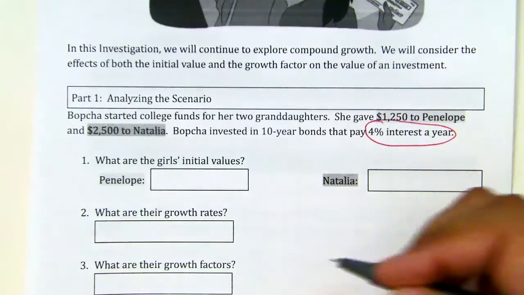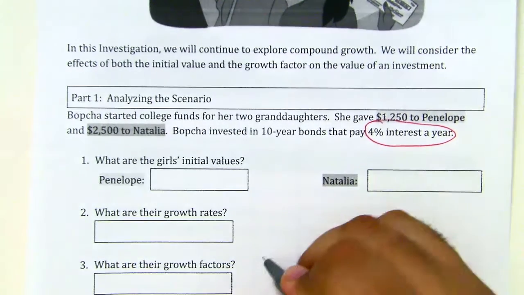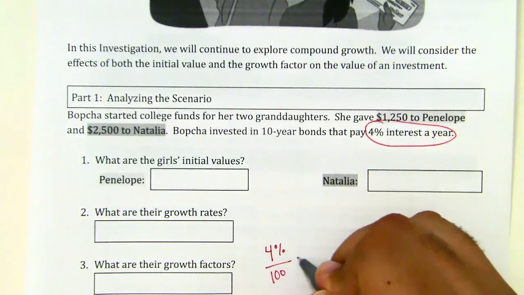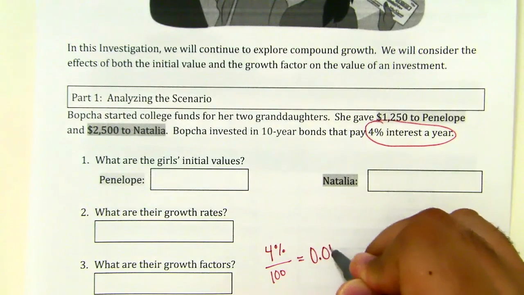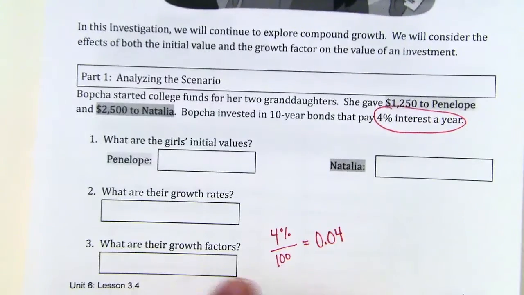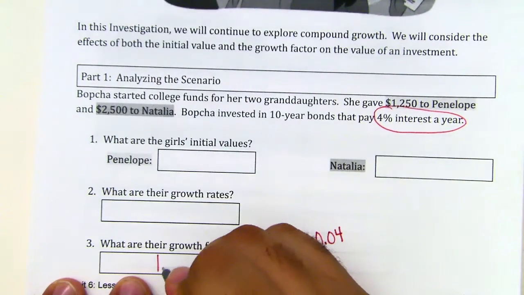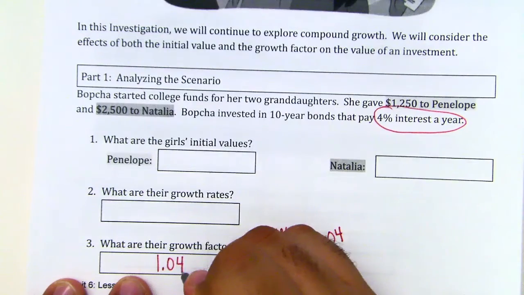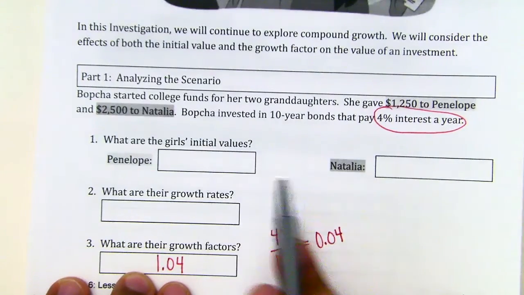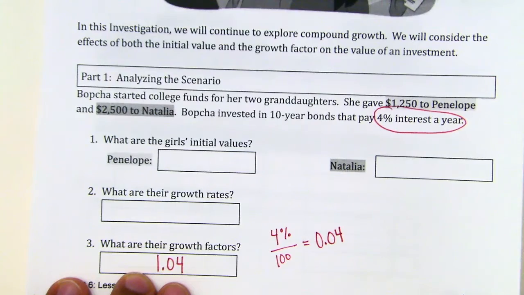So the growth rate was 4%. 4% as a decimal, I would do 4% divided by 100 gives me 0.04, right? But to get to our growth factor, we actually have to add 1 to that. So it's not 0.04, it is 1.04. So right now we know the growth factor, we know the initial values. That is enough information to build our equations, which is what we're going to do on the next page, okay?